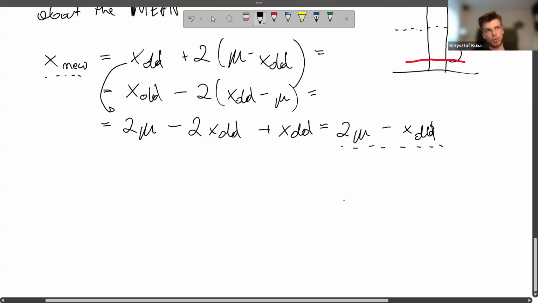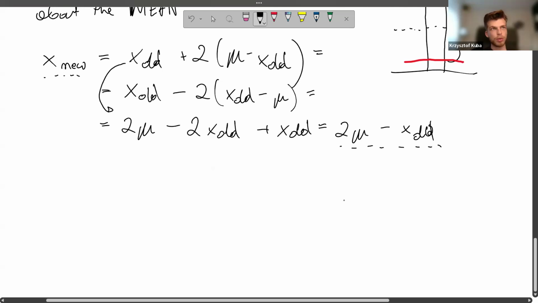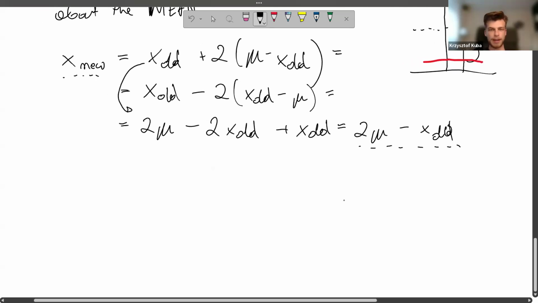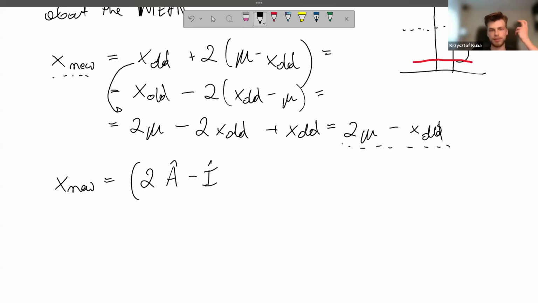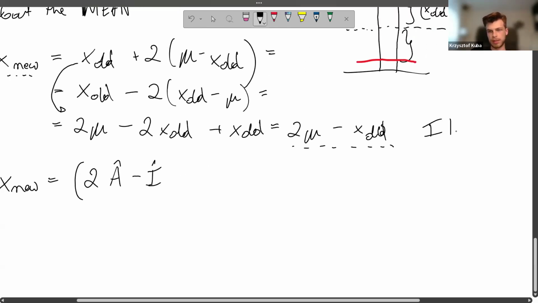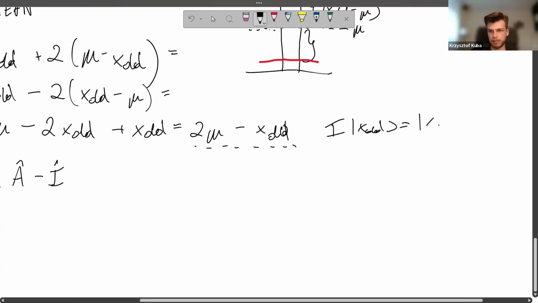And actually, we can also have a vector analogy. From a vector perspective, this x new will be an operator 2A minus I, which is an identity operator; I applied to x old is just x old, it does nothing.